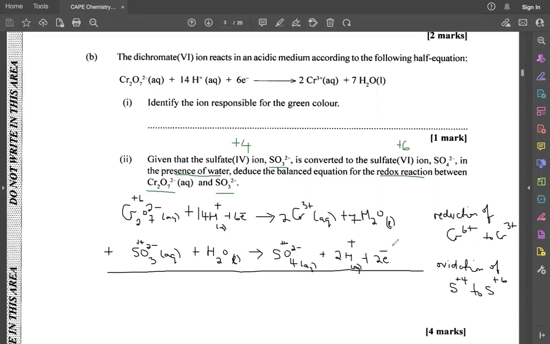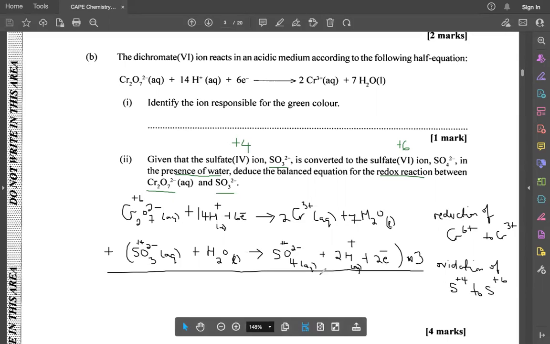So we're going to have to multiply this bottom one by 3 to make sure that the electrons gained by the dichromate mirror what are lost by the sulfate. So we have to multiply the bottom part by 3 so that the electrons gained in our reduction match those lost in our oxidation.